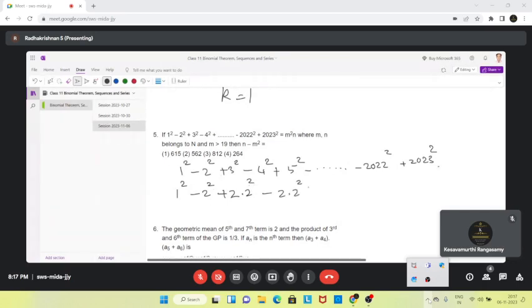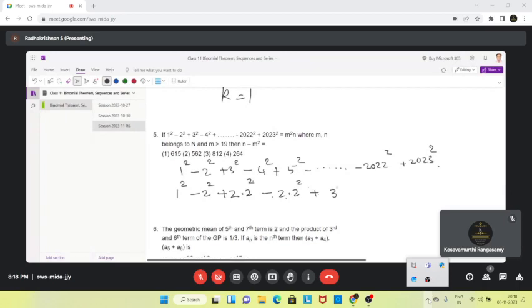What I do is, this minus 2 square, I make it into plus 2 square. Because I know the sum of 1 square plus 2 square plus 3 square, right? So I can simply add 2 times 2 square and subtract 2 times 2 square.